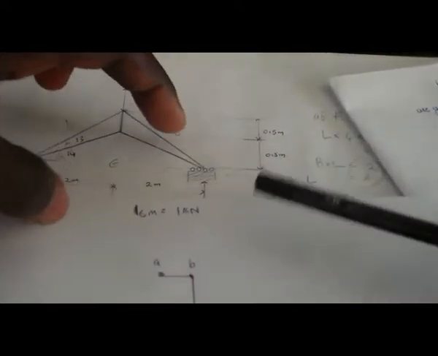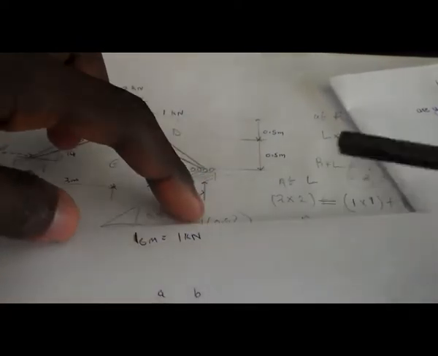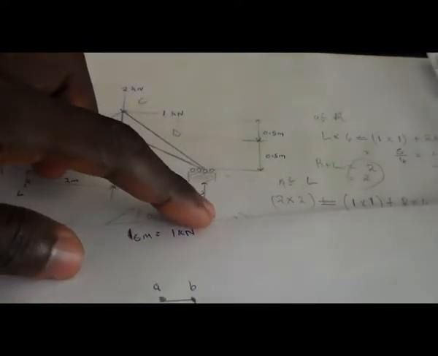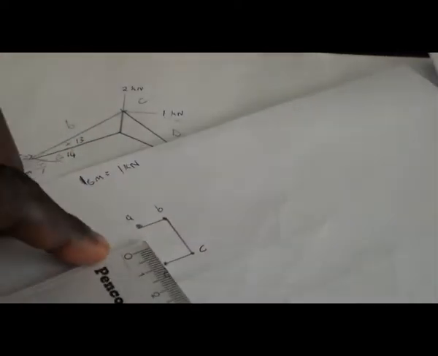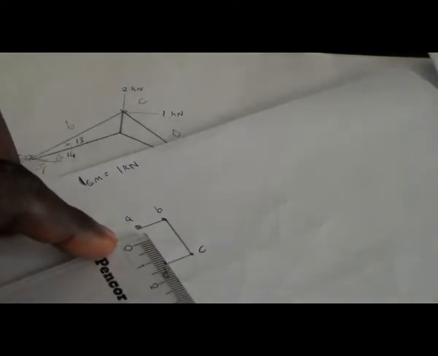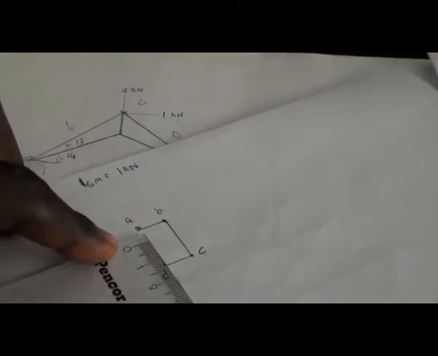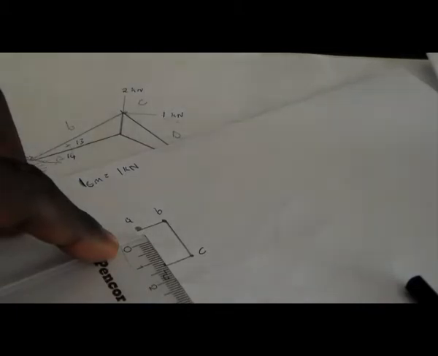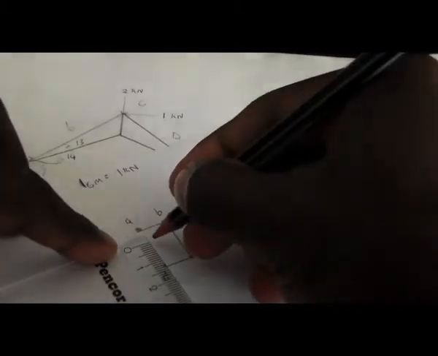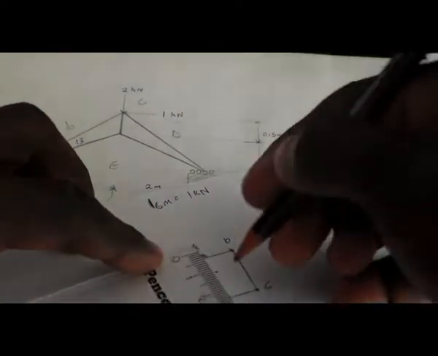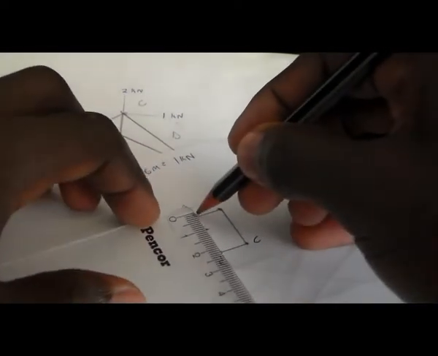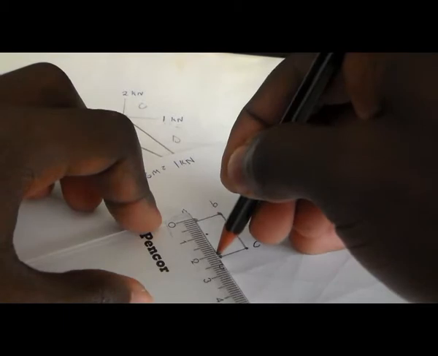And then from D to E, we are having our right support. Our right support, you said, is 1.25. So if it's 1.25, it's going to be this 1 plus 0.25, and so it's going to be 1.25. And then let's just draw a straight line like this.